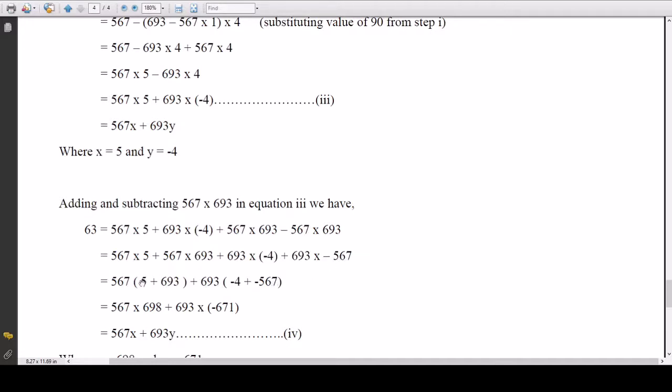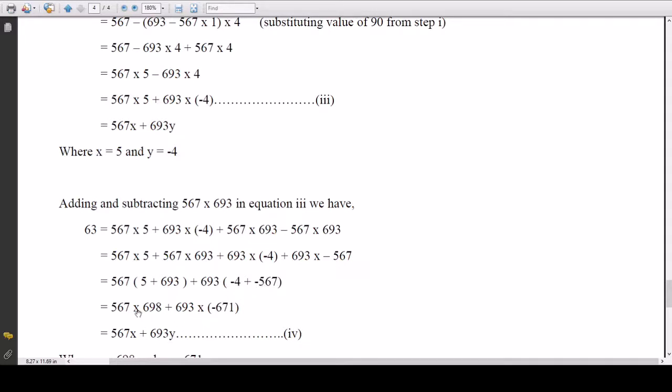Now 5 plus 693 is 698, so 567 multiply 698, then plus 693 multiply with how much? Minus 4 plus minus 567. Plus minus is minus, so both are minus, and 567 plus 4 is 571. The sign will be minus because you are adding two negative numbers.